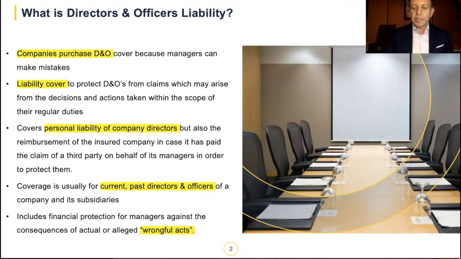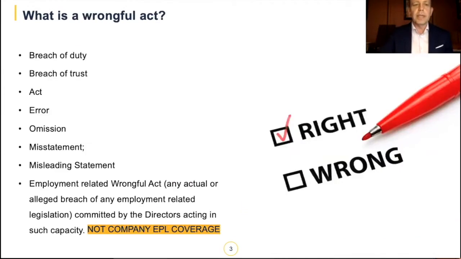I'll go into more detail now as to what is actually covered and how a director could actually be sued by some person or third party. So when we talk about the cover responding to a wrongful act, we need to just understand what we mean by these wrongful acts. So there's a list on the screen right now, but probably the most important is a breach of duty.